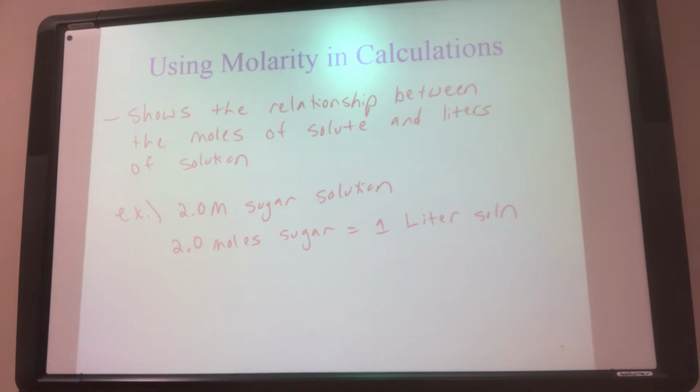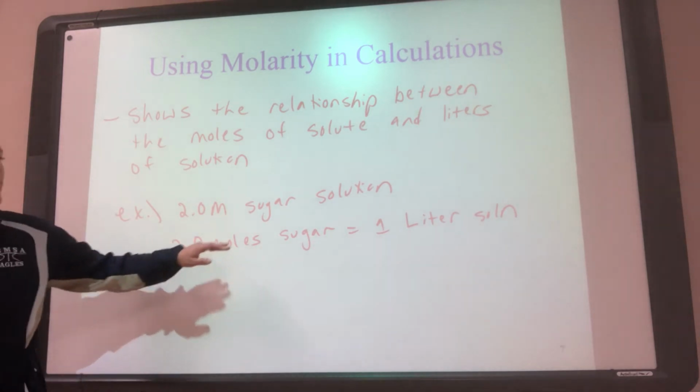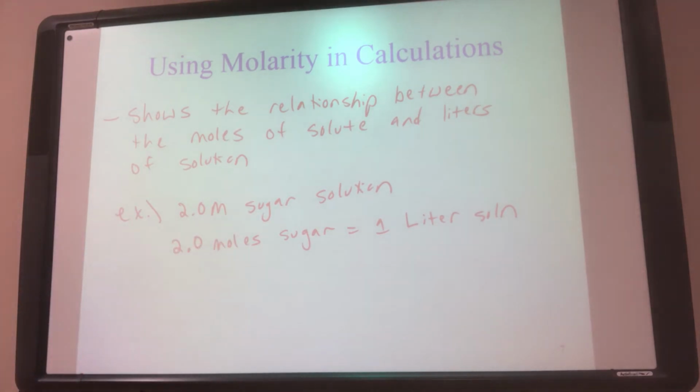So if I know that relationship of my moles to my liters, I can use this as a conversion. Say I had a certain amount of moles and I wanted to go to liters. I could use this molarity to go to a certain amount of solution.